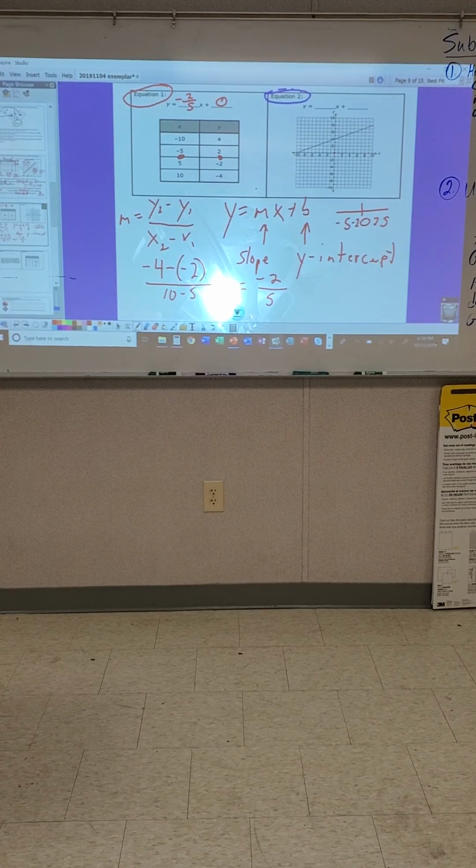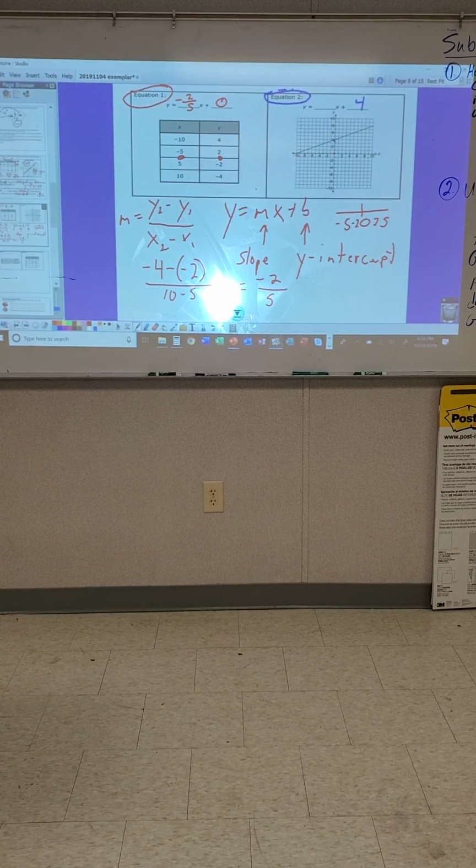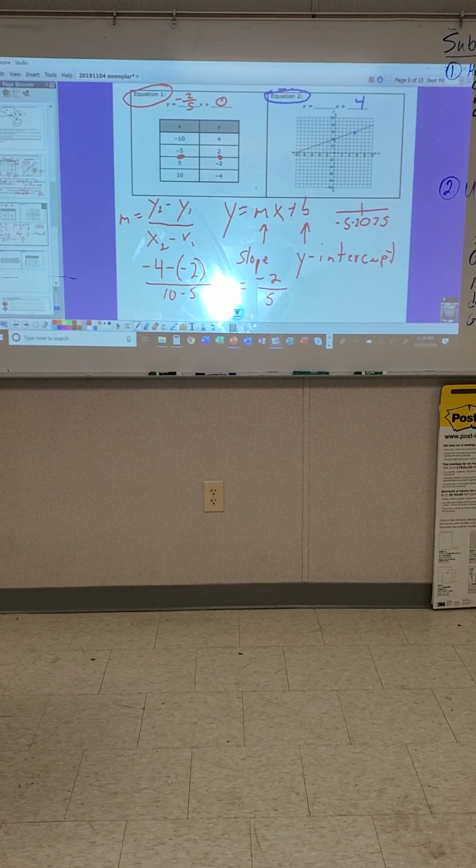Well, let's take our starting point, our y-intercept, and we notice that the y-intercept is going to be 4. And then let's find another point right there. So our rise would be from 4 to 6. That would be a rise of 2.